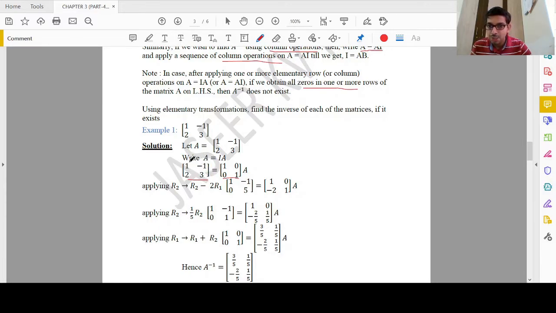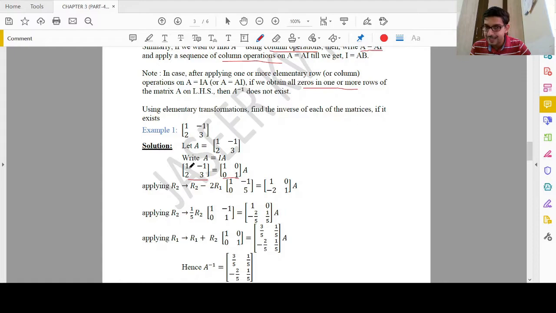We have to select row transformations in such a way that we get [1 0; 0 1] on the left hand side. Changes are to be made to the left hand side matrix so that we get the identity matrix. The same changes need to be applied on the identity matrix already there on the right hand side.